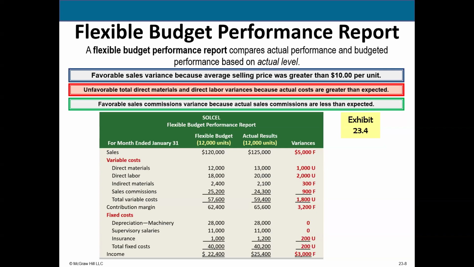Now, what that might imply is that maybe I changed vendors, maybe the cost of the materials went up for whatever reason, maybe inflation, tariffs, whatever. Or maybe the quality of the materials that I'm using is higher, so it, in turn, costs more.